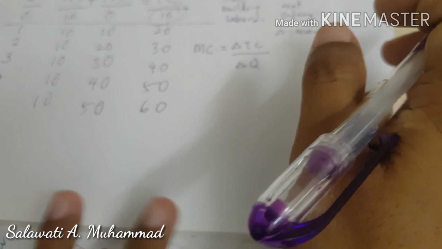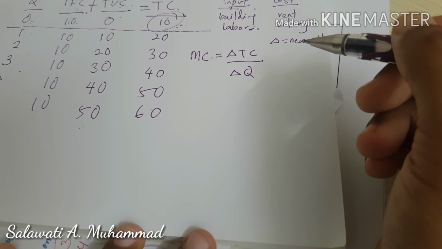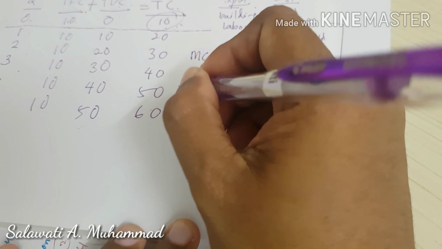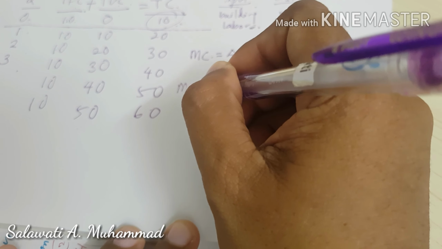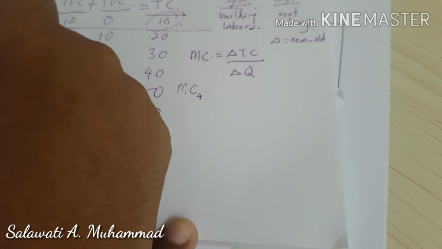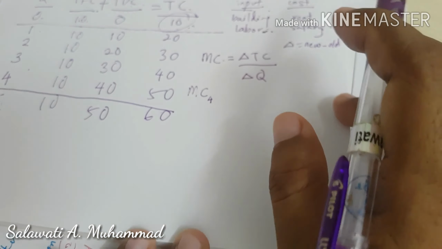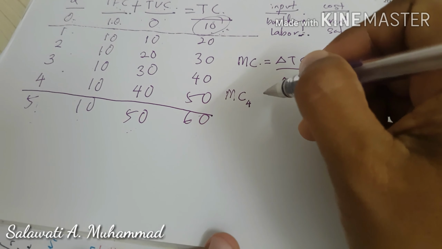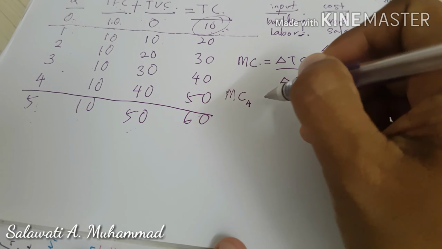So how to get the amount of marginal cost? I choose one example. Let's say we want to calculate marginal cost at production 4. How to get the amount of MC at production 4?